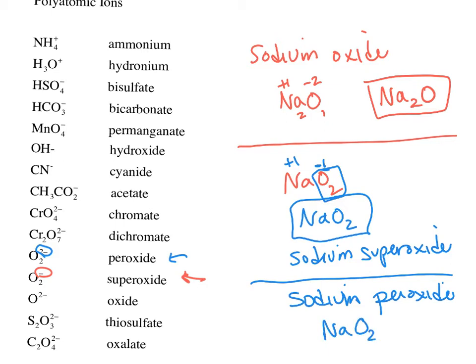We know that it's got a charge of -2. Sodium's always +1, so that would give us sodium 2, O2. Let's see if I got that right. Yeah. So that's sodium peroxide, Na2O2.